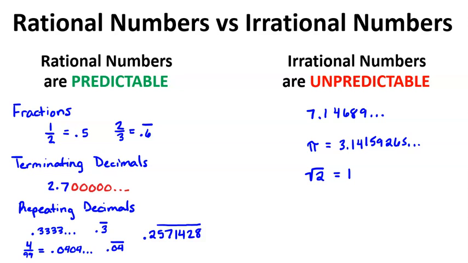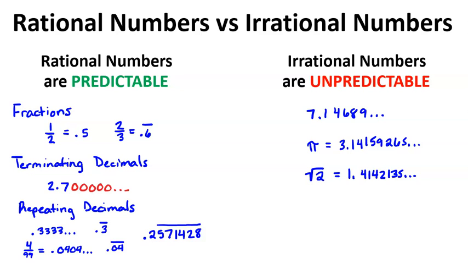So the square root of 2 is actually 1.4142135, and it goes on forever. So if there's a radical that I cannot simplify using a perfect square, I know that that's going to give me an irrational number.